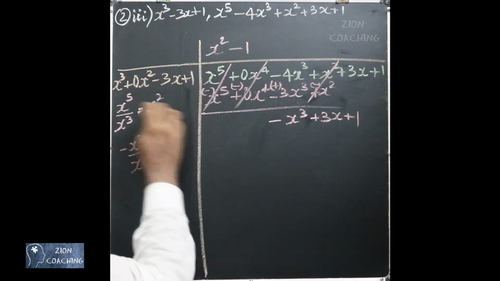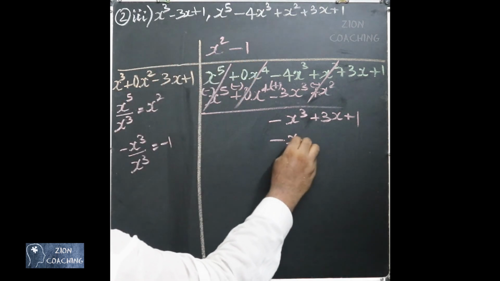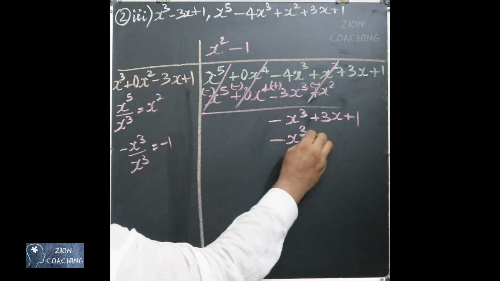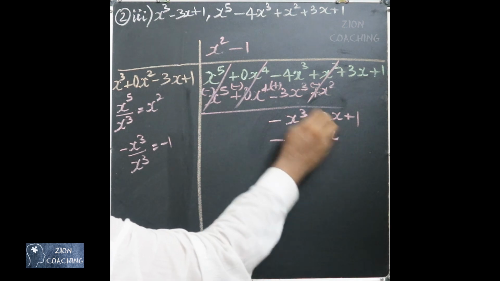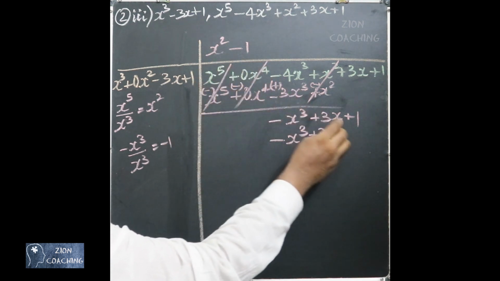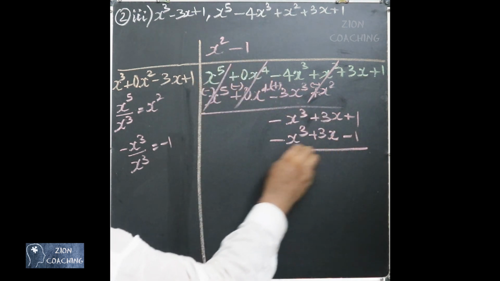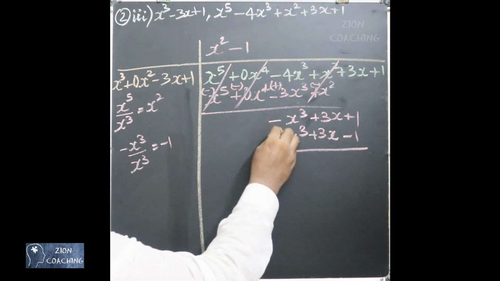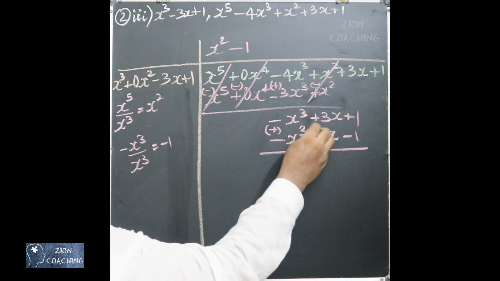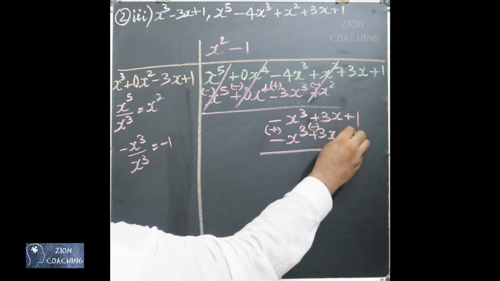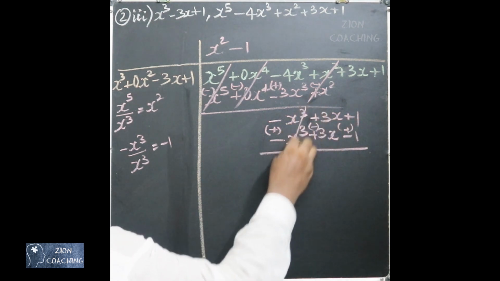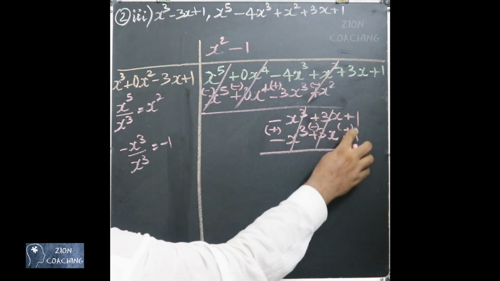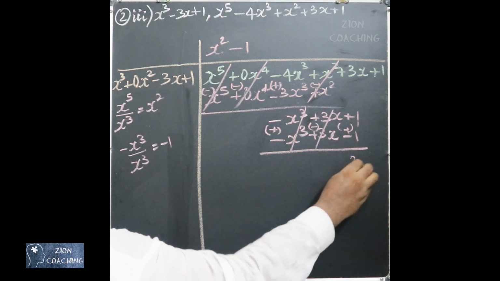Minus 1 into x cube is minus x cube, minus 1 into minus 3x is plus 3x, minus 1 into plus 1 is going to be minus 1. Now we are going to subtract. When we are subtracting, we have to change the symbol. Minus x cube plus x cube will get cancelled. 3x minus 3x will get cancelled. 1 plus 1 is 2.